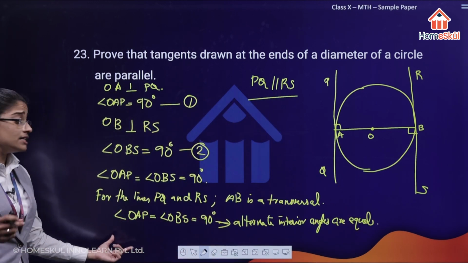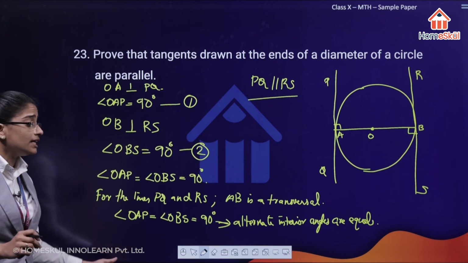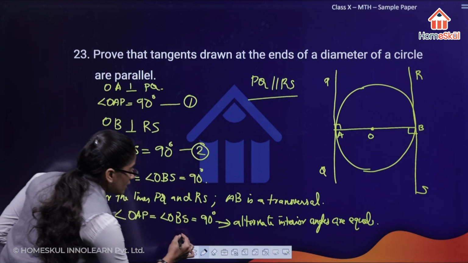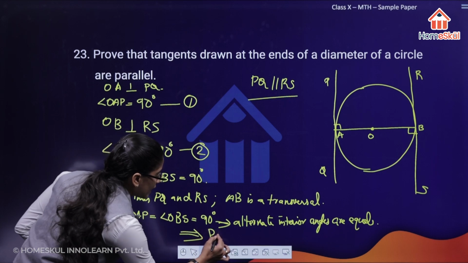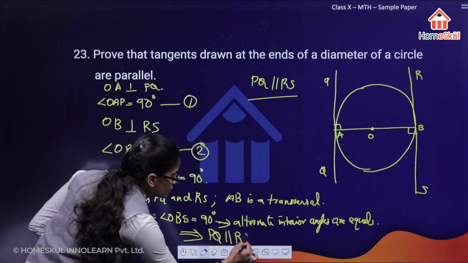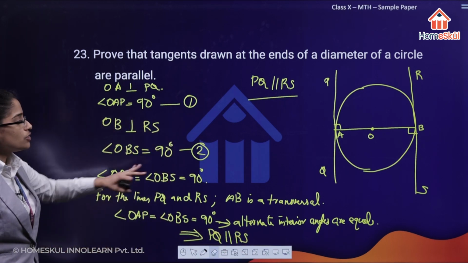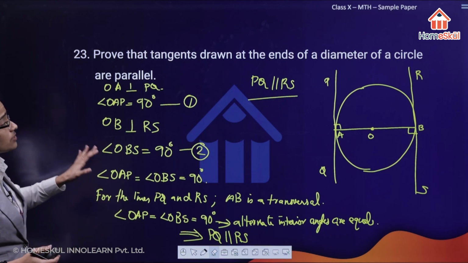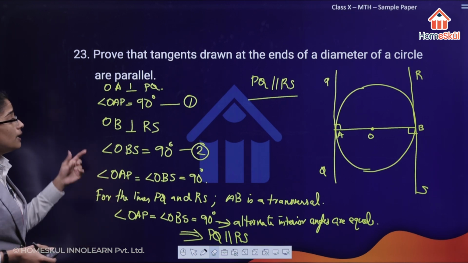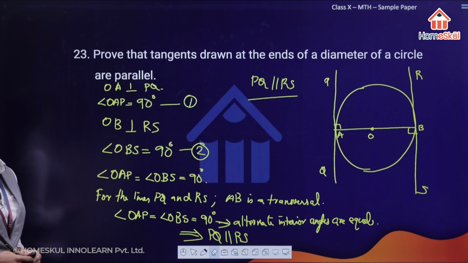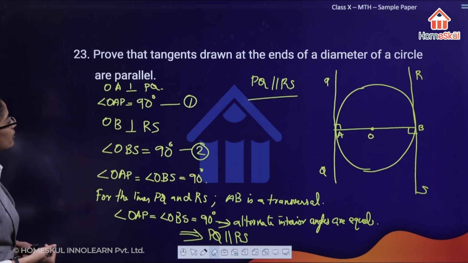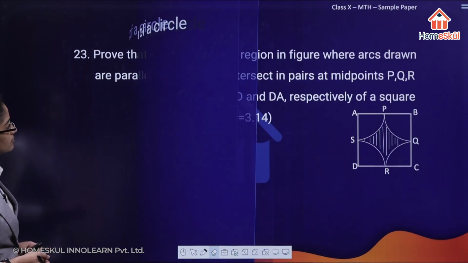Alternate interior angles being equal means the lines are parallel, isn't it? So we conclude that PQ is parallel to RS. So we have proved that the tangents drawn at the ends of a diameter are parallel to each other. Okay, clear? Moving on to the next part.